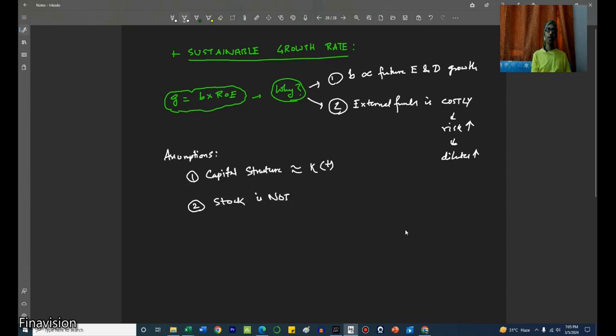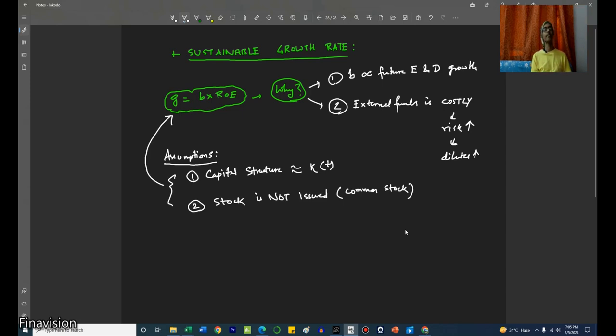Common stock is not issued. Here we are talking about common stock. These two situations are taken as constants for this to hold more or less true.